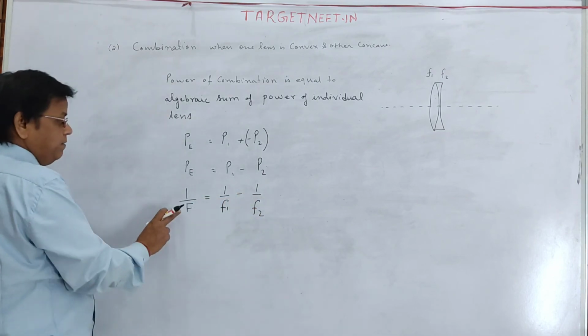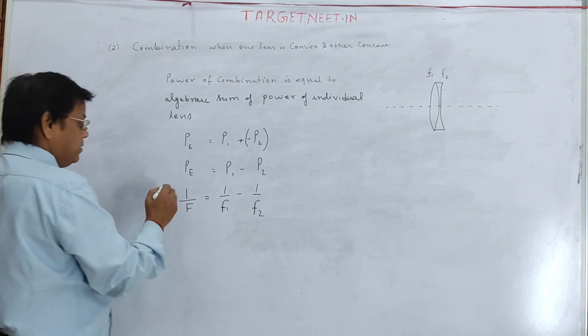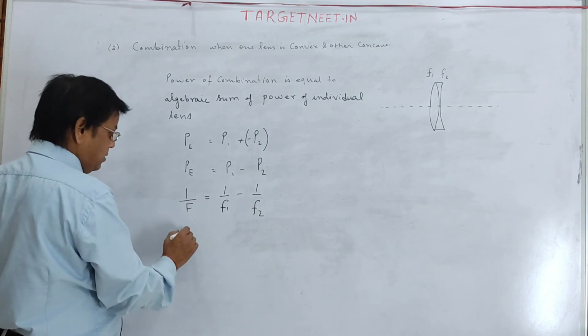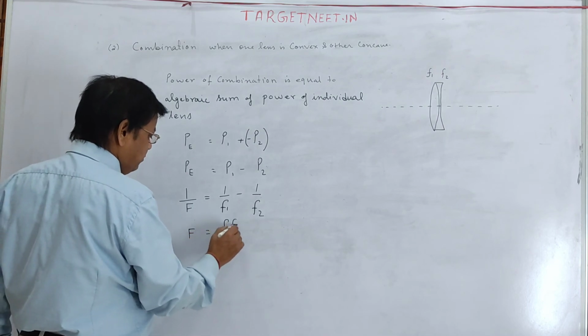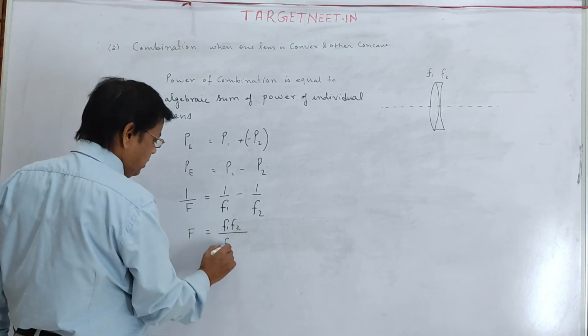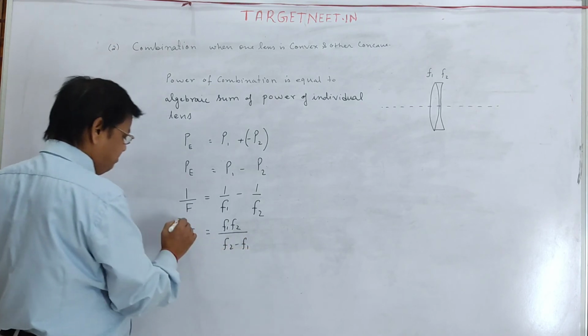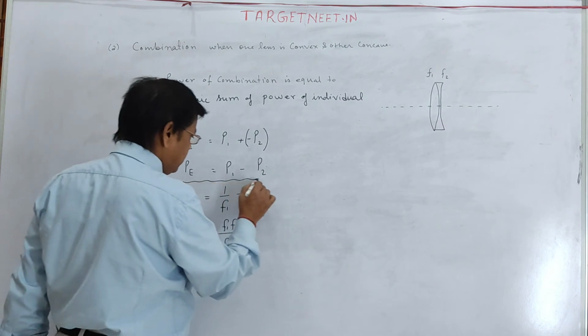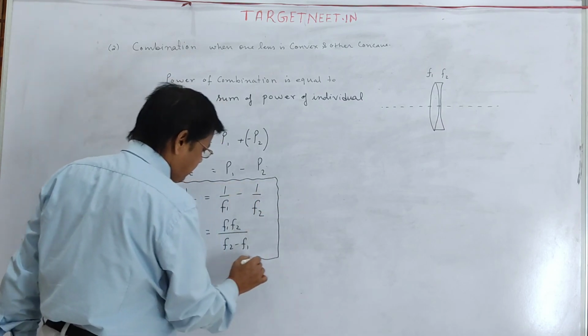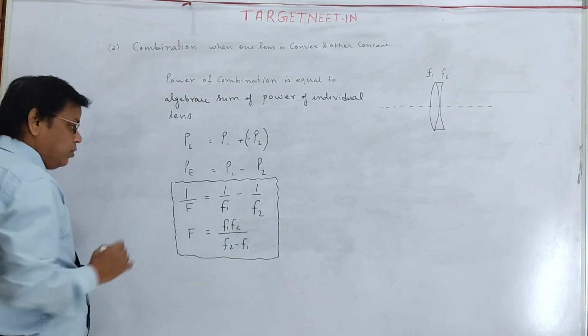So this is effective focal length or equivalent focal length. We can write this focal length as f1 f2 upon f2 minus f1. So these are the 2 expressions of focal length when one lens is convex and other is concave.